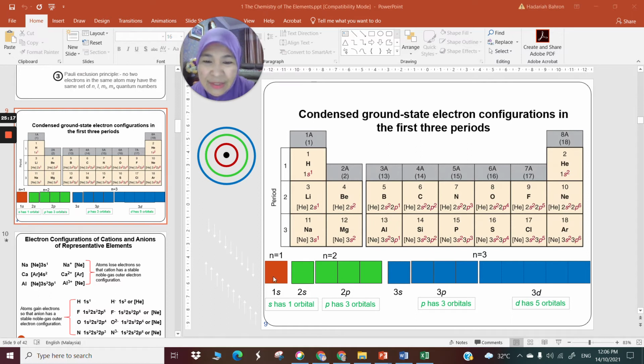n equals 1 is colored red. The green one is n equals 2. And as I was telling you earlier, in n equals 2 you have the s orbital and the p orbital. Now, s orbital, again, only one box. P orbital has three boxes. So p-type has three orbitals.